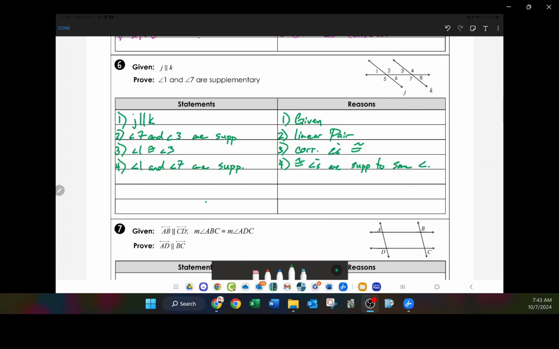But it makes no sense to do that. Because honestly, if we know 7 and 3 are supplementary and 1 and 3 are congruent, we know 1 and 7 are supplementary because congruent angles must be supplementary to the same angle. If one is supplementary to that angle, then every congruent angle is also supplementary to that angle. There's no point in going through all those extra steps.